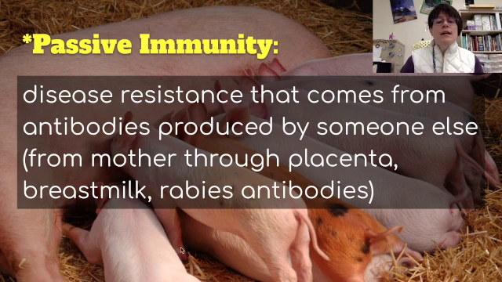So they can take the antibodies from somebody else's blood and give them to you to fight diseases like rabies. Say if you get bitten by a rabid animal, then they will give you shots of antibodies so that you will live. And this is also important. This is a good reason for breastfeeding because you are passing on immunity to your child.